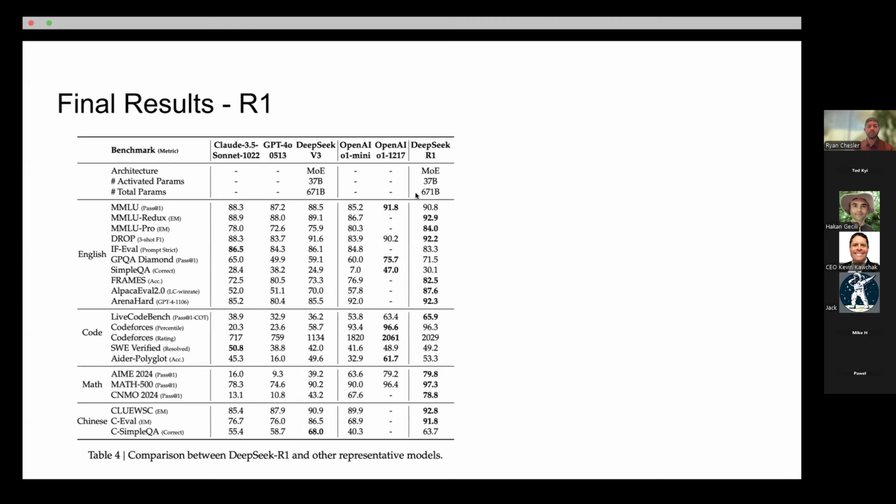And in a lot of these things, it actually doesn't have much impact on the score, but in certain ones, it has a huge impact. So if you compare it in Codeforces, their base model had 1,134, and it goes all the way up to 2029. So it's fighting against this full-fat O1 now.